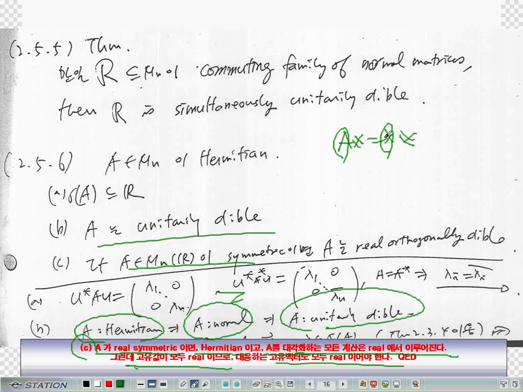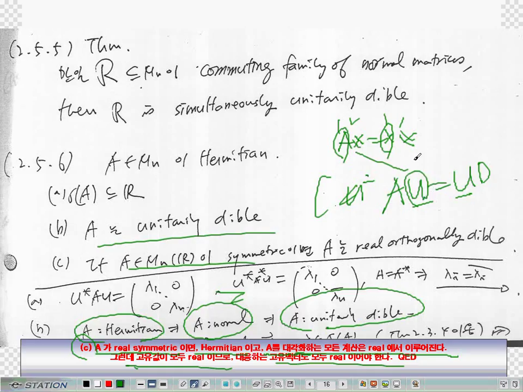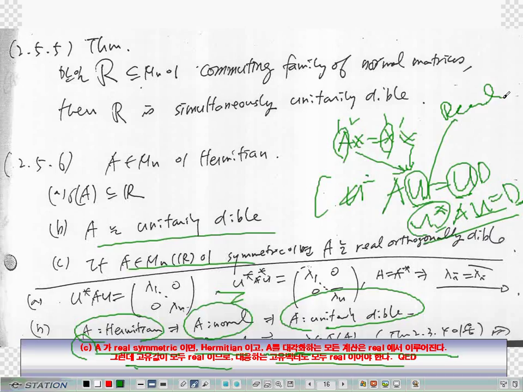In the diagonalization U and D, these are all real. So the matrix U formed with this unitary diagonalization is formed with reals. Here U star A U is equal to D. These are all reals, but that means this is a real matrix. A real Hermitian matrix is a real symmetric matrix.